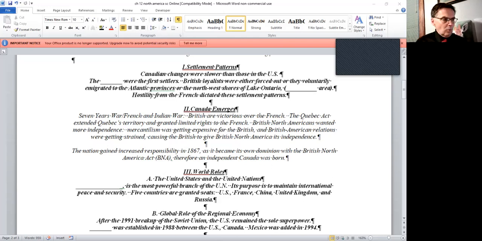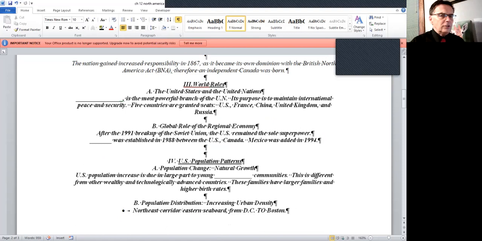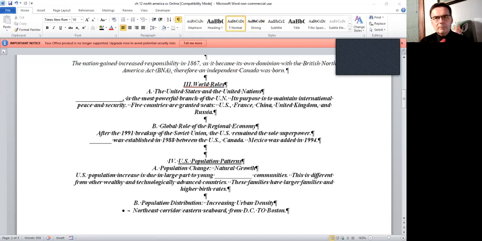So let's go to world roles for each of these nations. The United States and the United Nations, the UN Security Council. The UN Security Council, your first blank, is the most powerful branch of the United Nations. Its purpose is to maintain international peace and security.